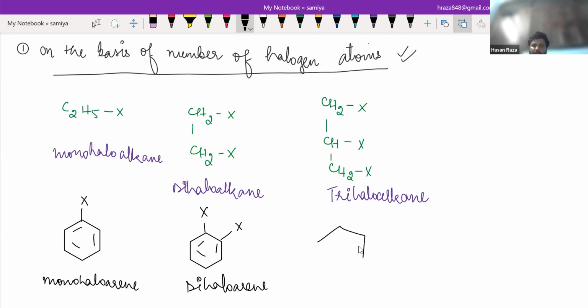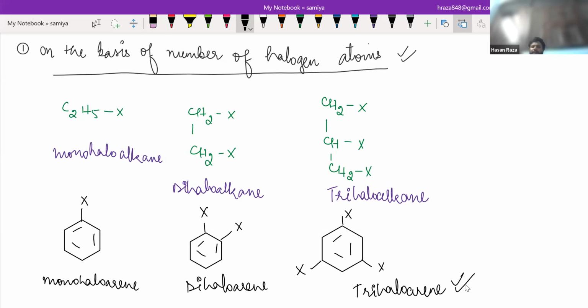And if there are 3 X, 3 halogens, that means trihaloarene. So this is the first classification, which is very, very easy. Please write it. After this classification, we are going to start degree of carbon. Please write it and let me know when you are done with this.